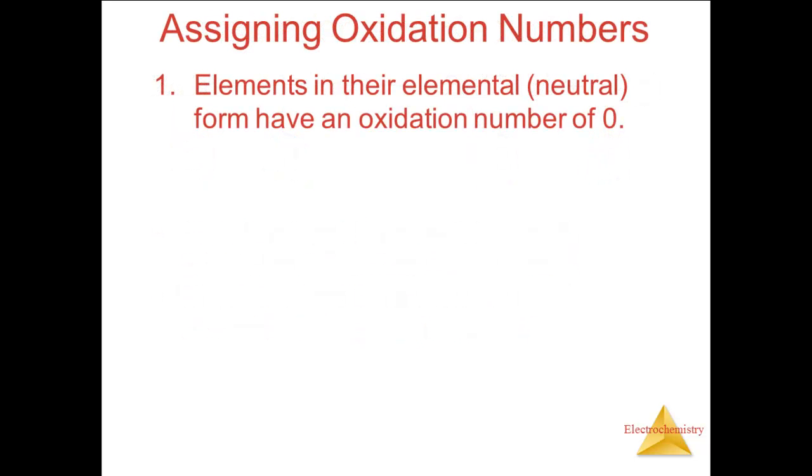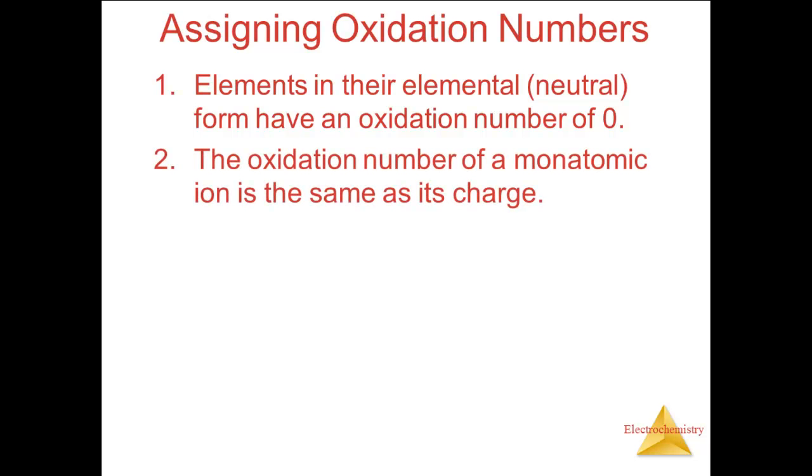Let's review the rules for assigning oxidation numbers to atoms. Rule 1. Elements in their neutral elemental form have an oxidation number of 0. These are things like O2, C, Xe, S8, aluminum metal, and anything that is an element with no charge.